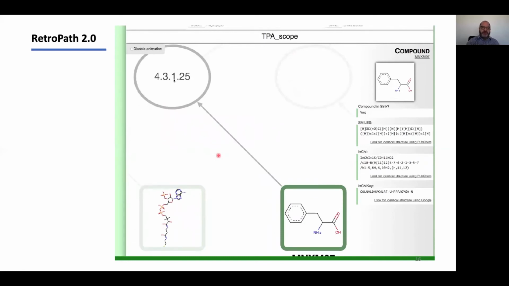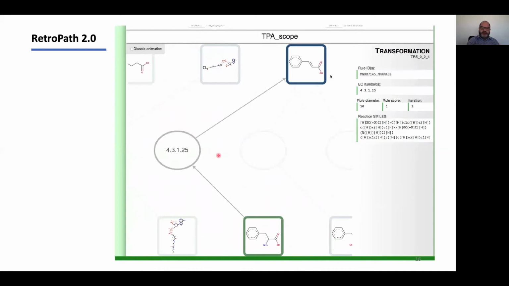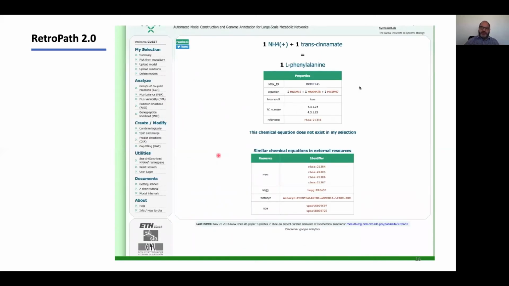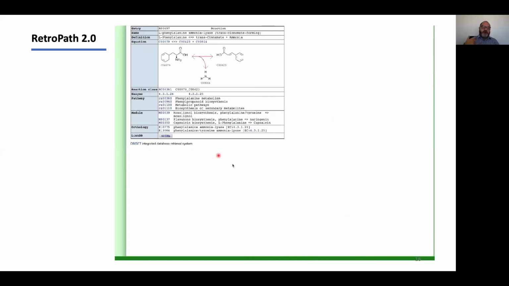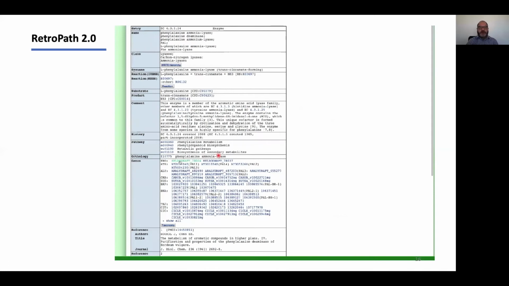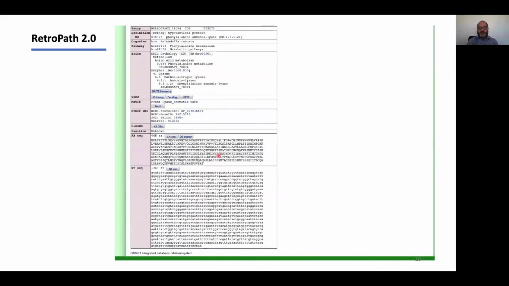Each pathway is just a set of enzymes, and each enzyme performs a biochemical transformation, a reaction, which allows you to go from your precursors stepwise until you arrive at the target. And you can find in the databases the actual amino acid sequence for this enzyme. And then it's a work of genetic engineering in order to introduce the enzyme.